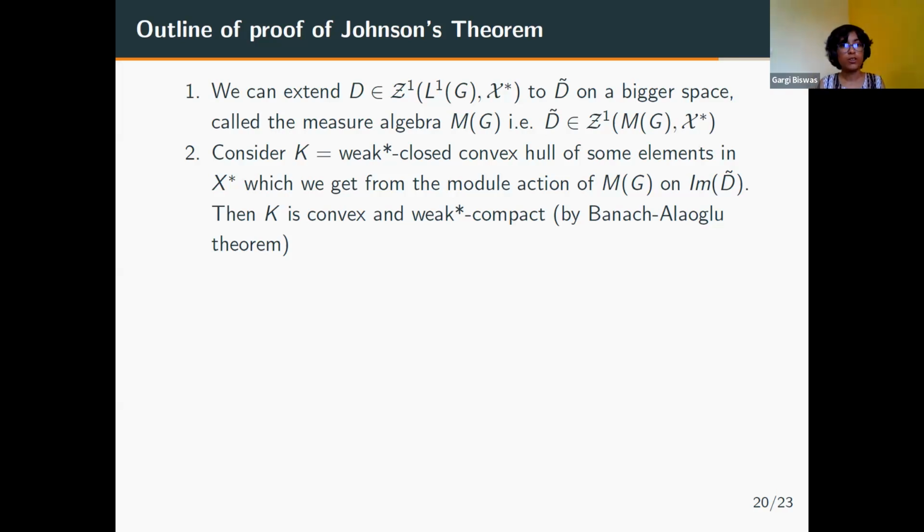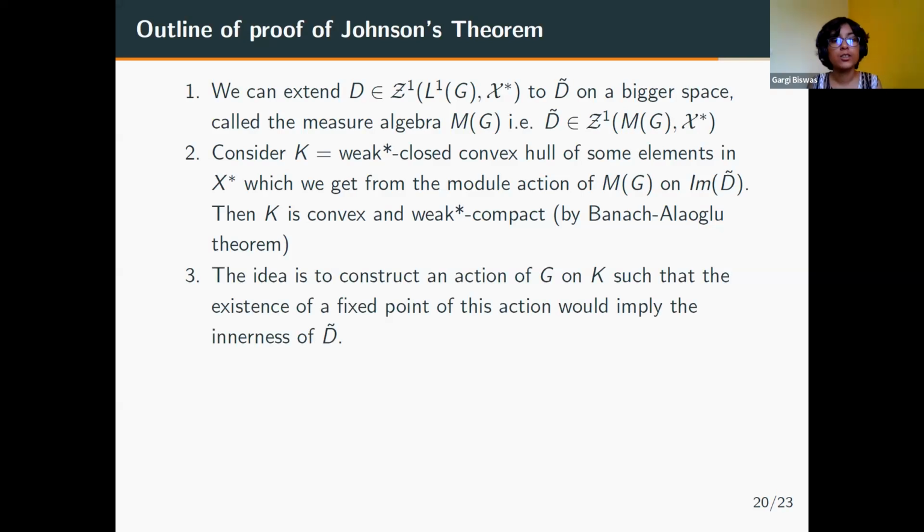Then K is convex, obviously, because by definition it's a convex hull of something, and it's also weak star compact because the Banach-Alaoglu theorem says that any closed unit ball in X star is weak star compact. So K is going to be weak star compact.